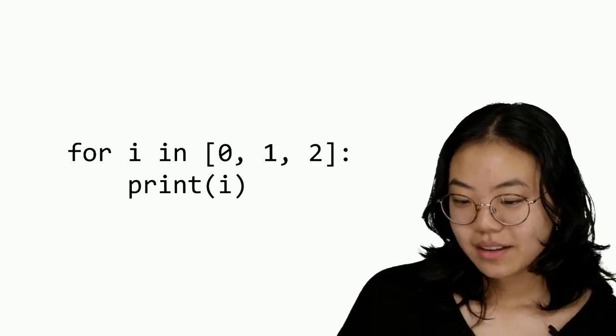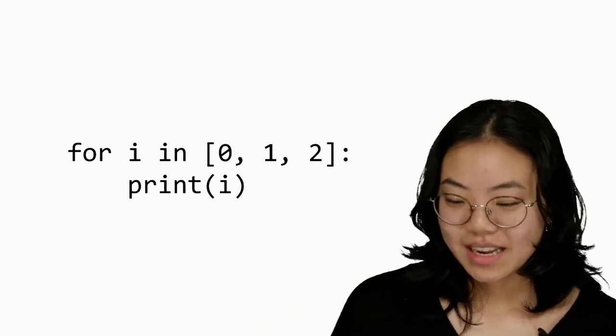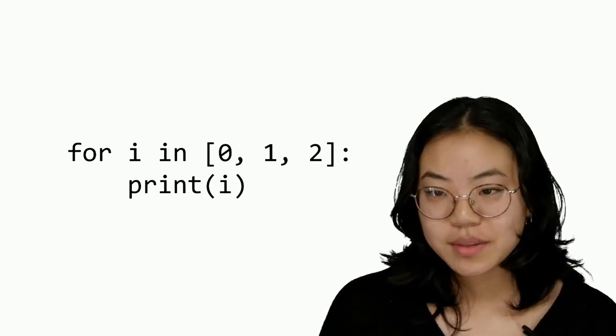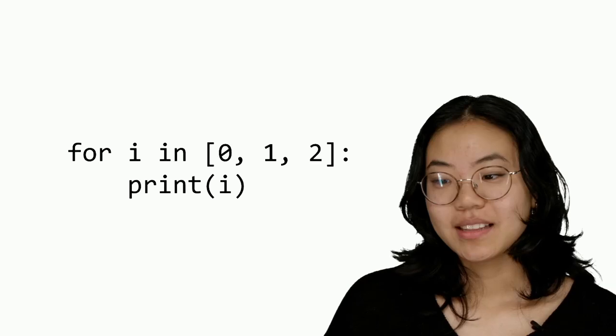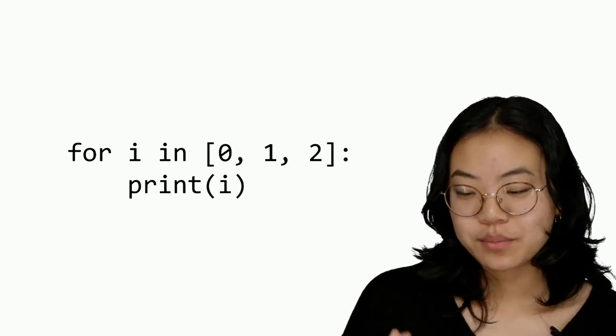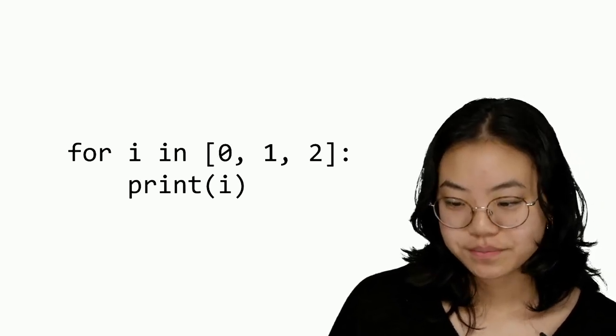But now this in list syntax is going to assume i is the first item in the list, then the second item in the list, then the third item in the list. So in this example, we would see it printing 0, and then 1, and then 2.